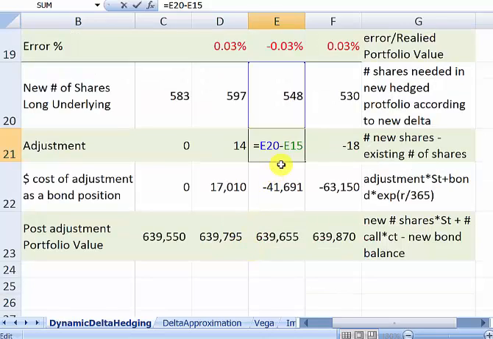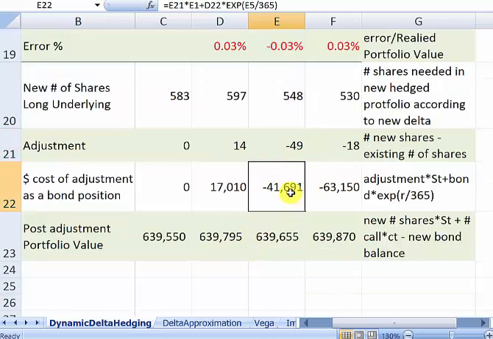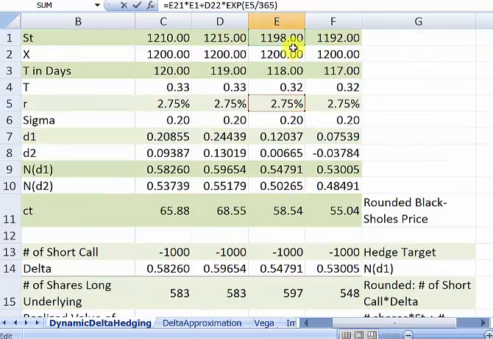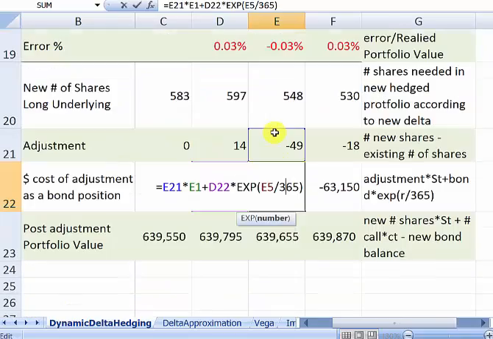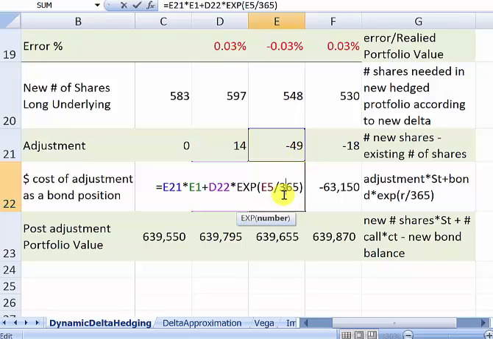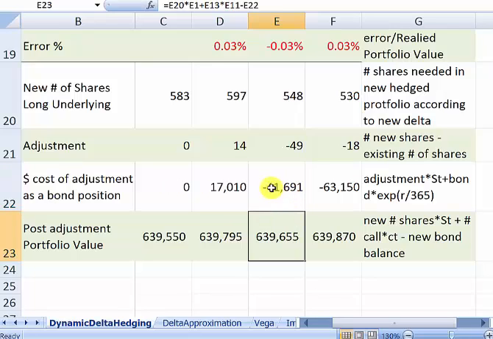So we need to sell 49 shares. With 49 shares, this is negative 49 times E1, the new price, right? We have sold the shares, and the previous loan balance grows at the risk-free rate. Again, E5 here. Right? After adjustment, by the end of the day, interest should accrue to the loan balance. That's your total loan balance.